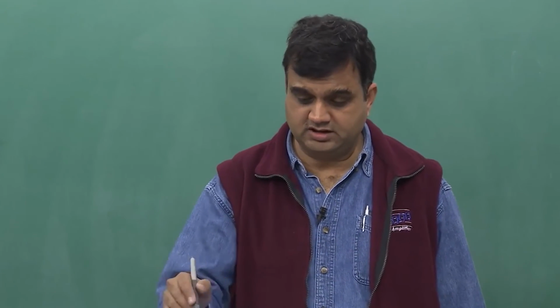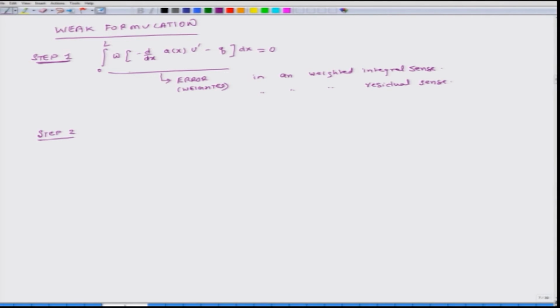There should be a dx here. We had shown that if I integrate by parts, I am able to shift the differentiability operator from this term, which is in parenthesis, to w. So, integrate by parts to shift the d over dx operator from this term to w.